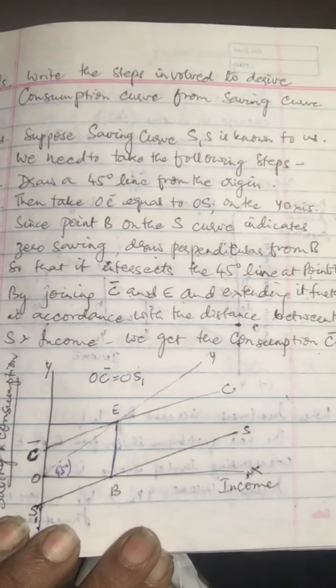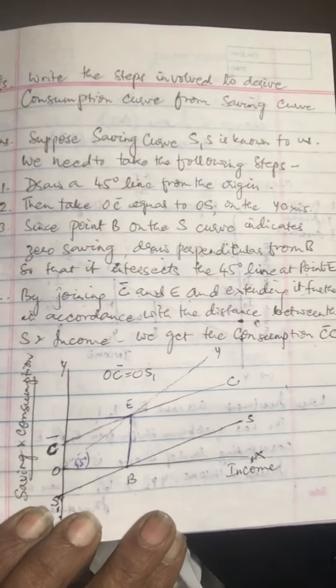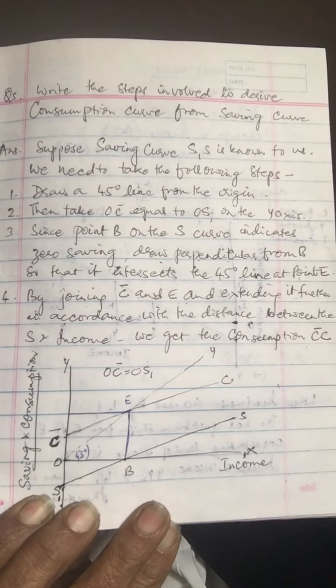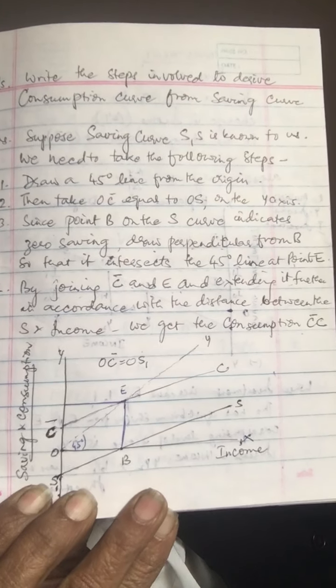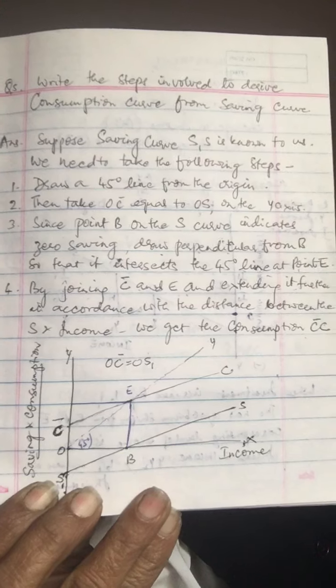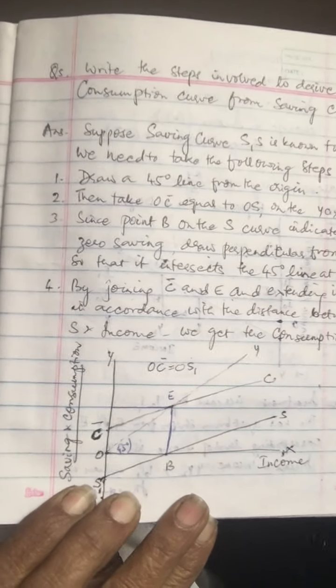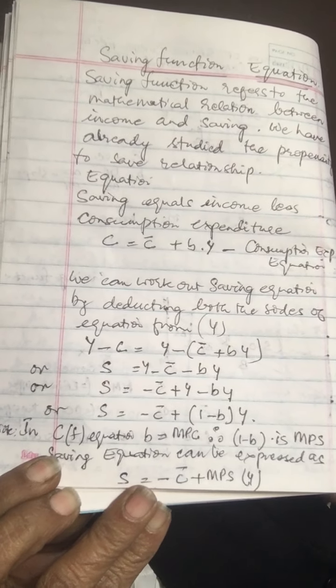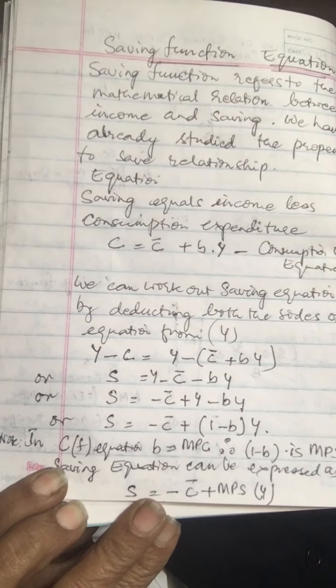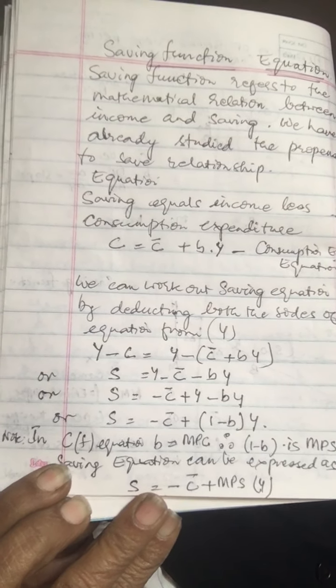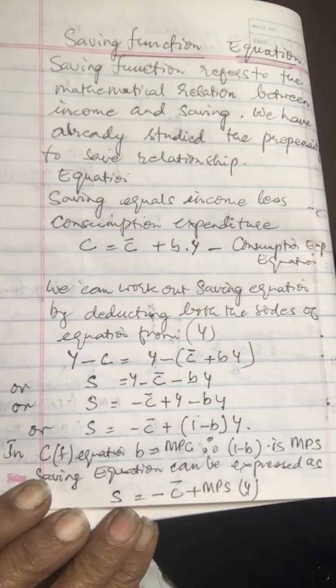So here is the question: from the saving function, what are the steps? Now, even before we go on, in the last class I remember we did how you work out the saving function from the consumption function.